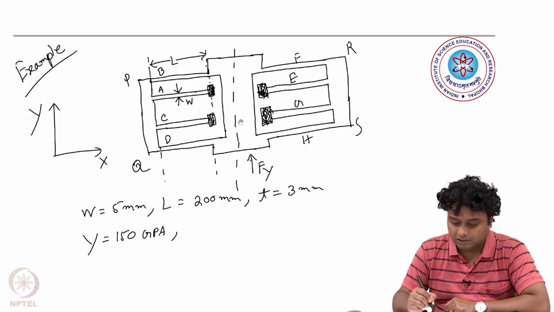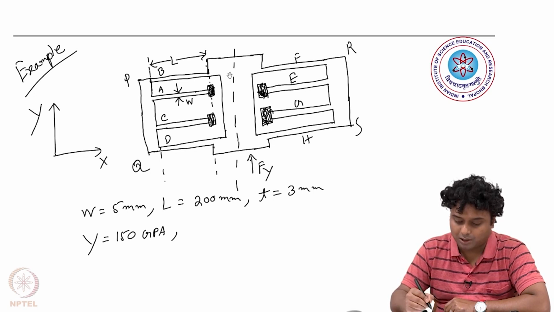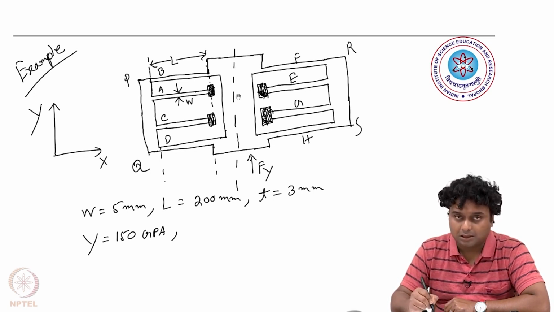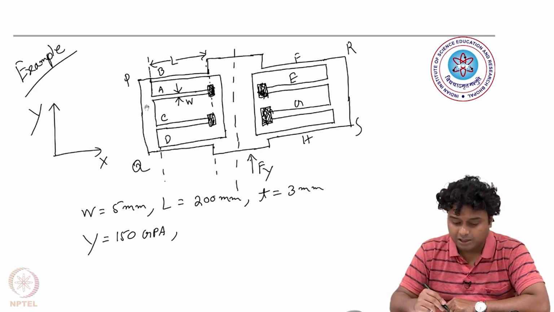Because we are pushing the proof mass upward by 5 micrometer, the beams B and D start to bend upward and pull up the PQ structure also. Let's assume the PQ structure moves by 3 micrometer.